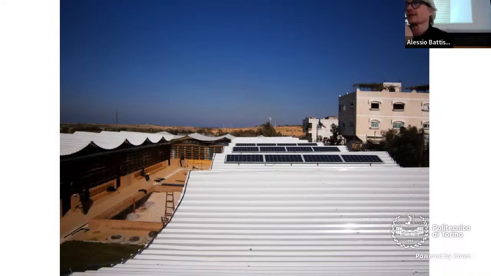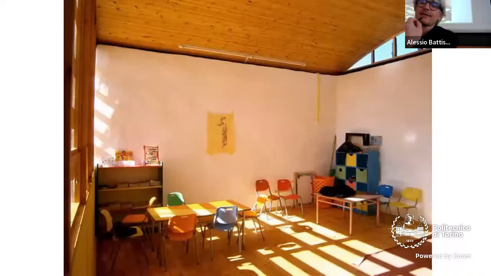And so that is part of the tradition. But this shape is also one of the best ways to collect as much rainwater as possible, and also we get the proper inclination for the photovoltaic system. And we designed the first photovoltaic system in the Gaza Strip, by the way.